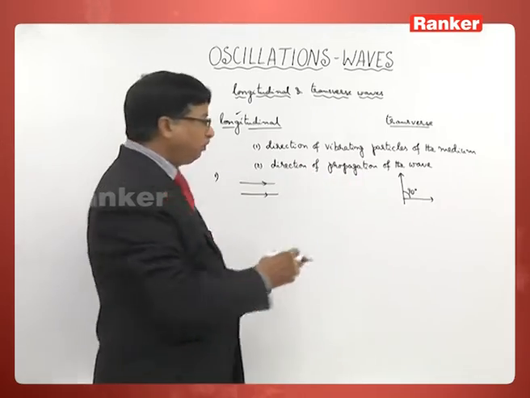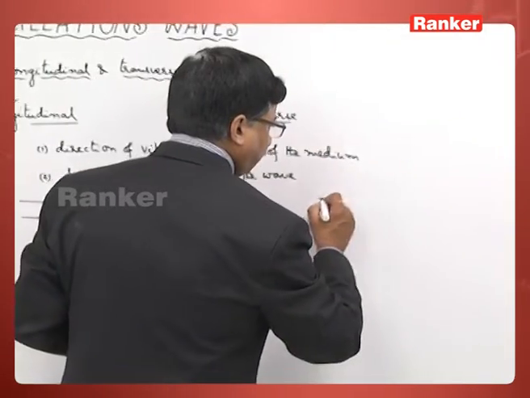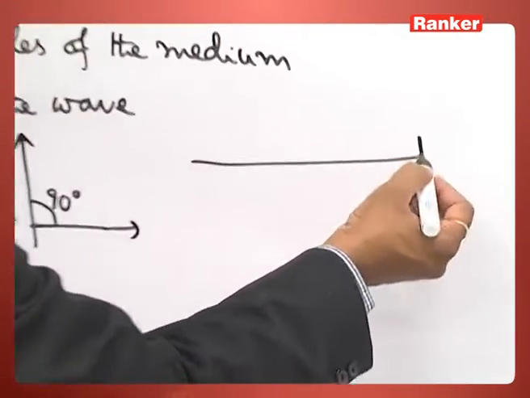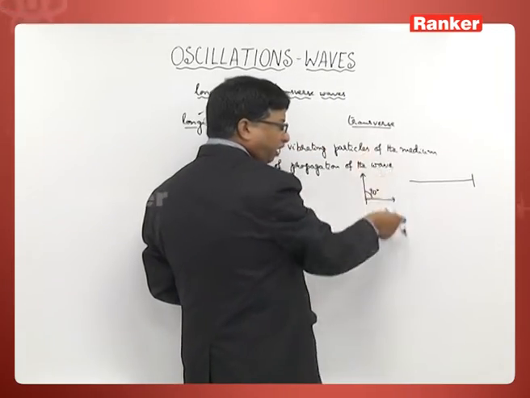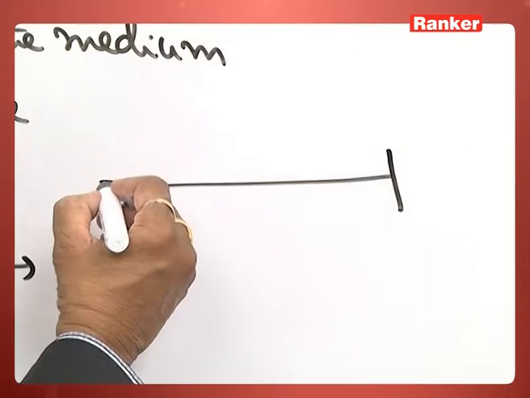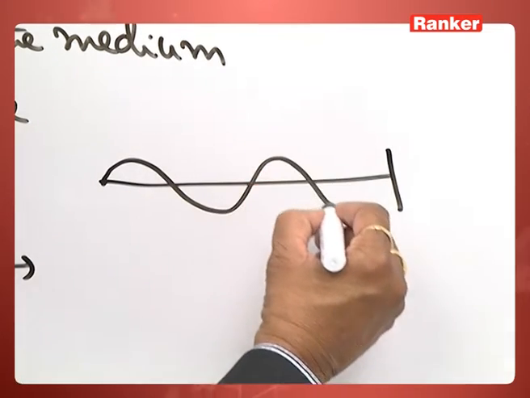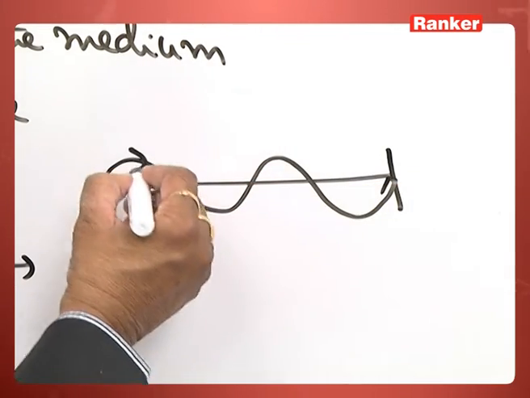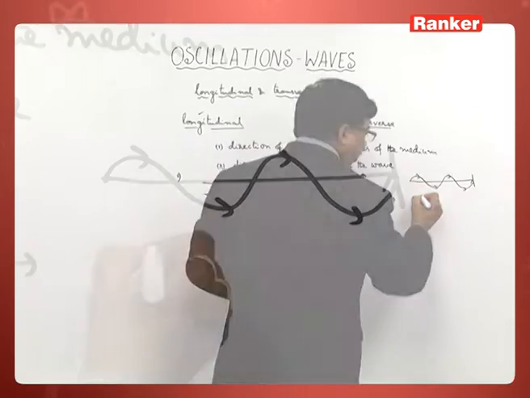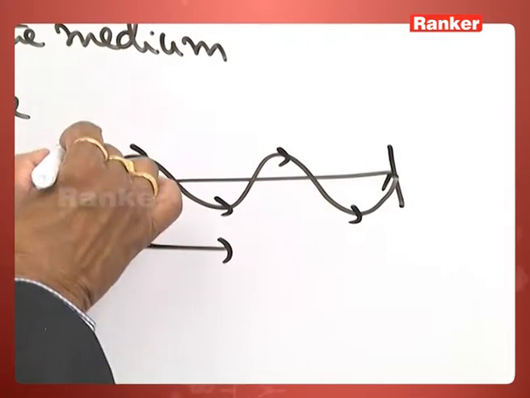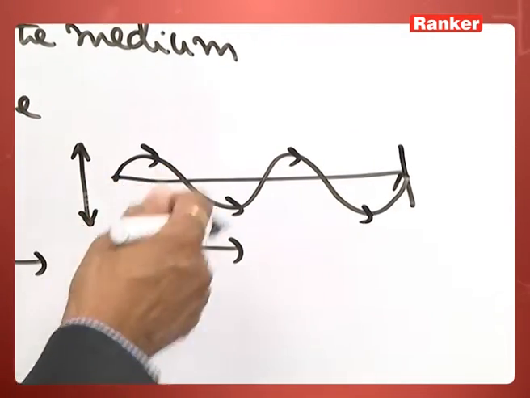Similarly, when you take a string like this, tie one end of the string to a fixed pole, and vibrate it up and down like this, the wave which is propagated is going to be seen like this. That wave is going towards my right, but in which direction are we making the string vibrate?